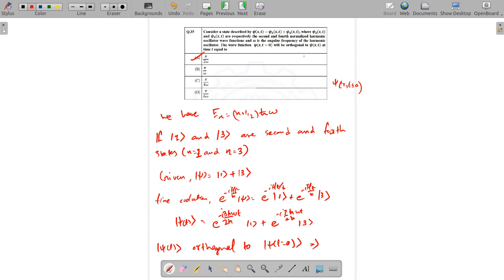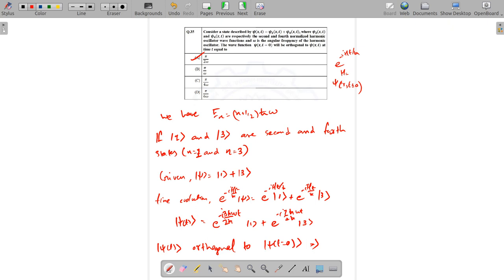And at what time? So basically you have the harmonic oscillator, so you time evolve the state with e to the power minus iHt by h-bar, where H will be your harmonic oscillator Hamiltonian. Okay, let's do it anyway. We have the energy eigenvalues for the harmonic oscillator, n plus half h-bar omega.